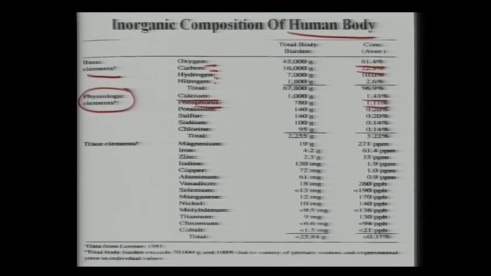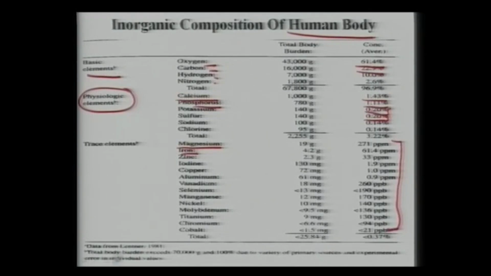You also have potassium as well as sulfur, which are in very small amounts, like 0.2%, and some trace elements like magnesium and iron and so on, which are at the ppm level. You can see that the amount is quite small when it comes to magnesium, iron and zinc, because it's in the ppm level.